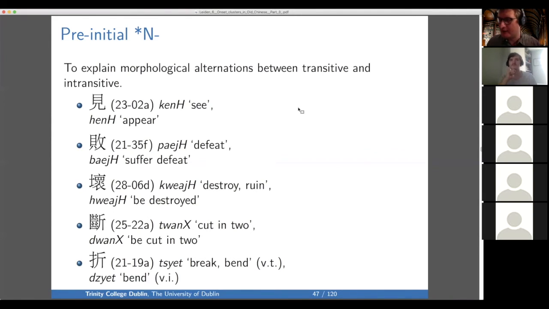It's not clear to me that there was ever a moment where you could really apply this across the board. You could take any verb and make it transitive by devoicing it, or any verb and make it intransitive by voicing it. So, which is not to say that some examples might be secondary.